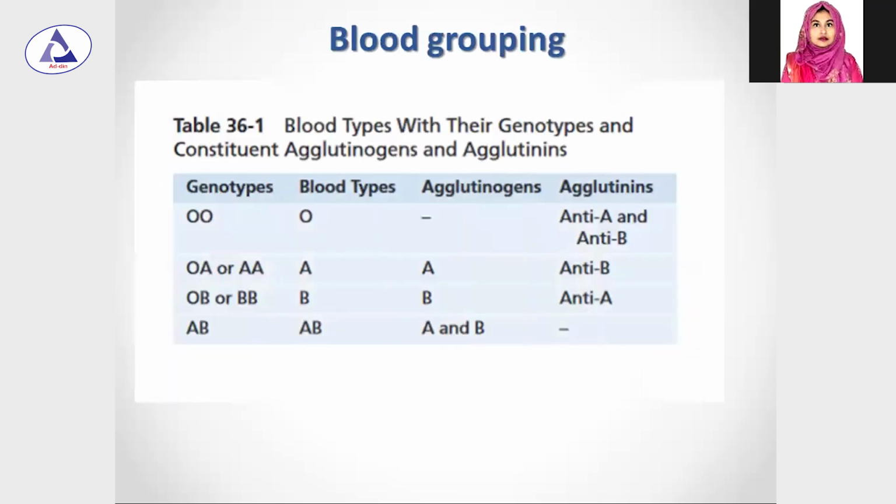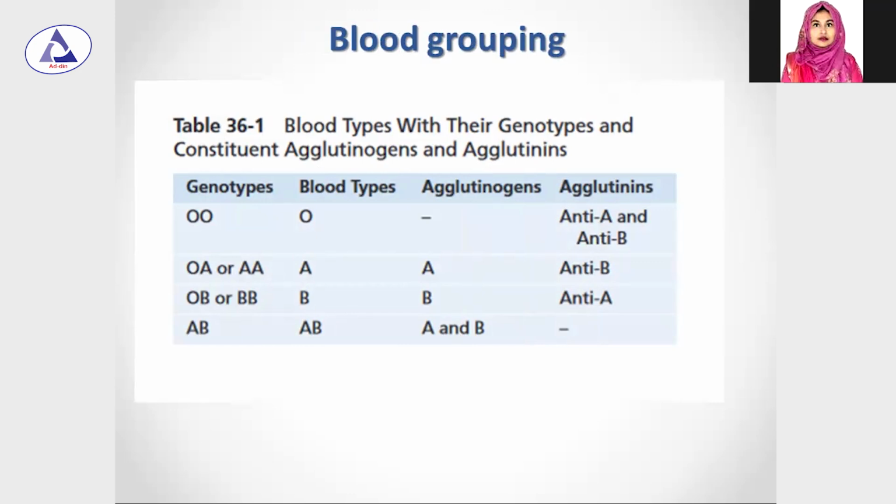Then what is ABO blood grouping? Under ABO blood grouping there are four types, four blood types or blood groups.